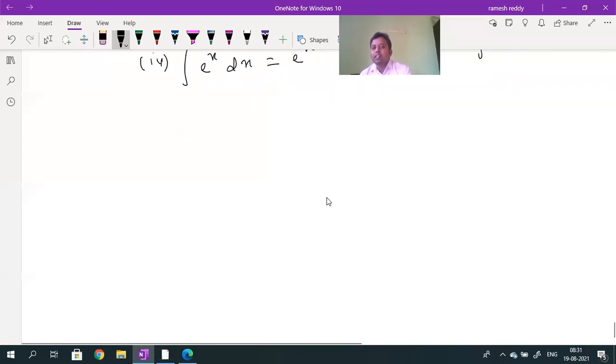Integration understood? I will provide the screenshot. One more example, can I provide? Okay, one more example, the third example. This is the last example for integration.